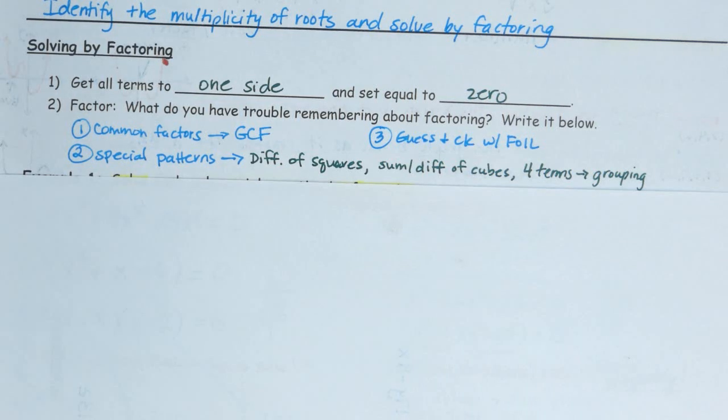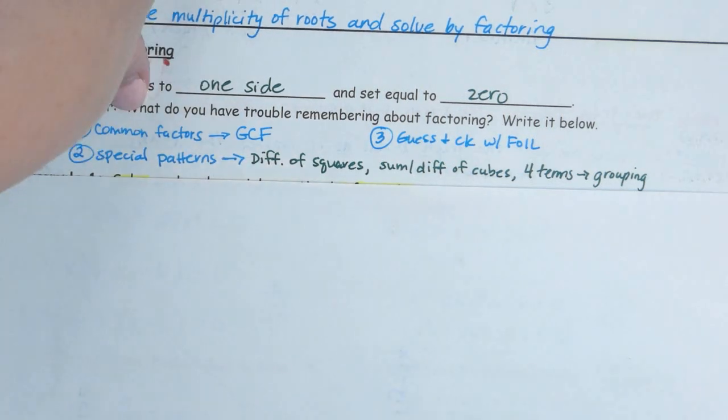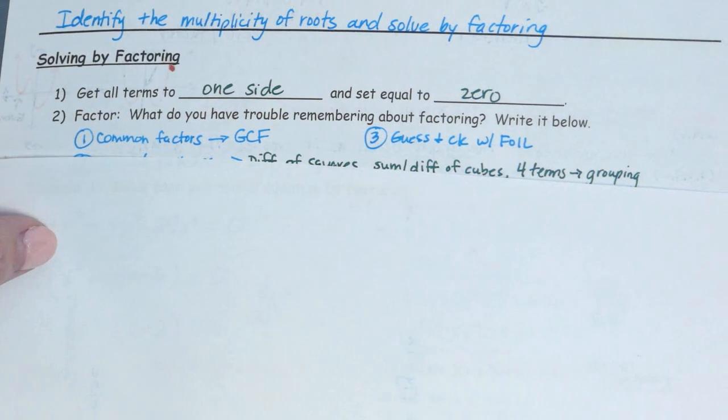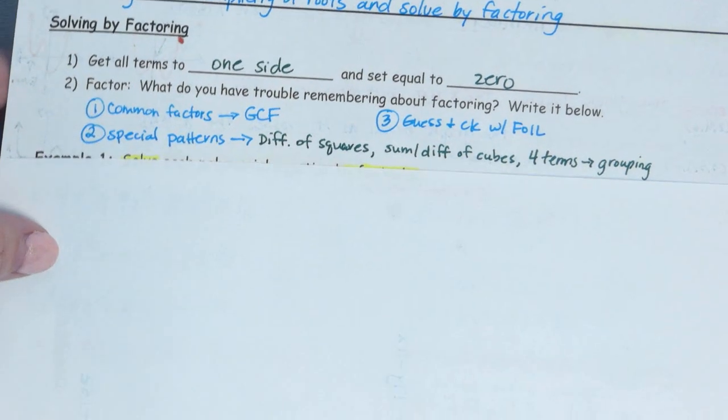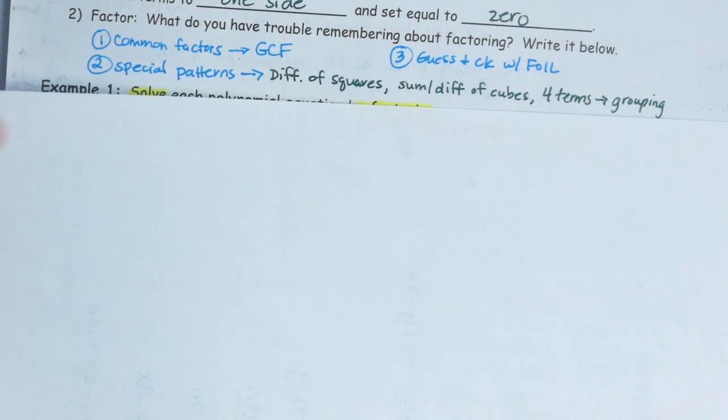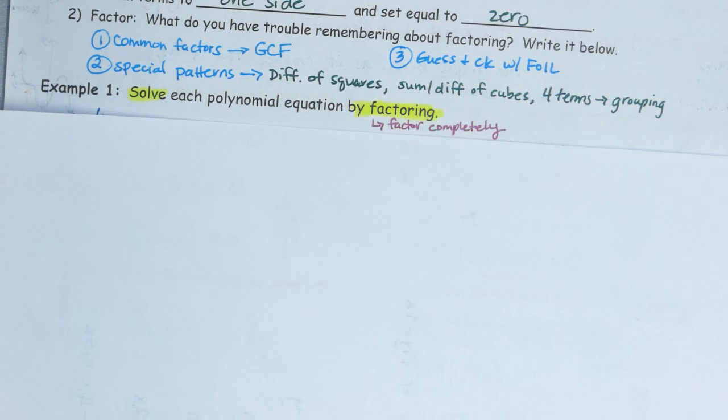Okay, so for example 1, it says to solve each polynomial by factoring. And then when you are solving by factoring, you do have to factor completely. So that means if you, for example, did the factoring by grouping, you would have to make sure that you broke it down all the way.